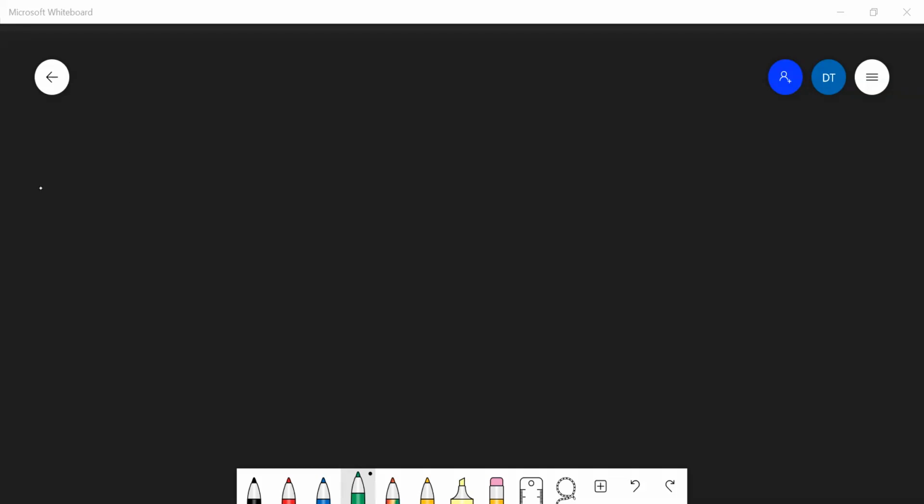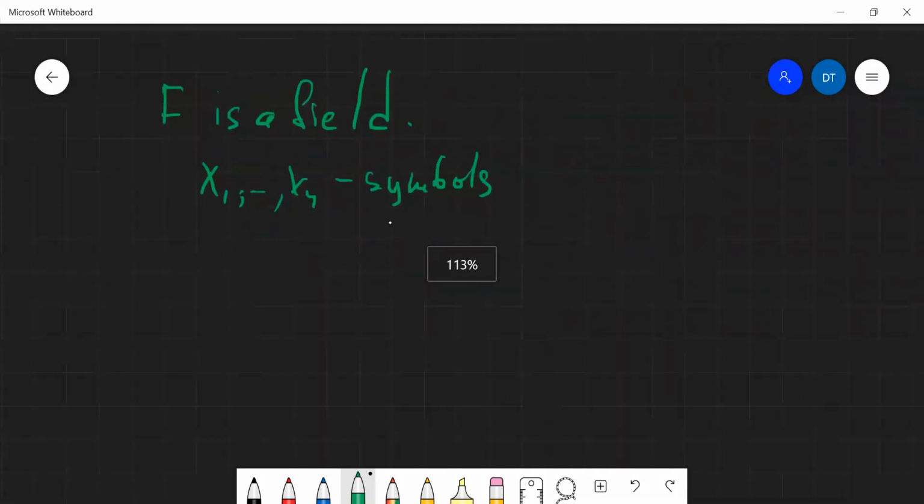Suppose F is a field. Then we fix symbols x1, etc., xn. These are just symbols, nothing meaningful, just letters on a sheet of paper. Then a polynomial in variables x1, ..., xn is an expression of this form.